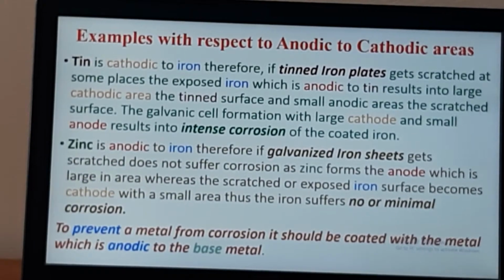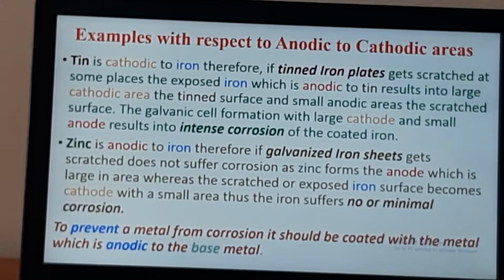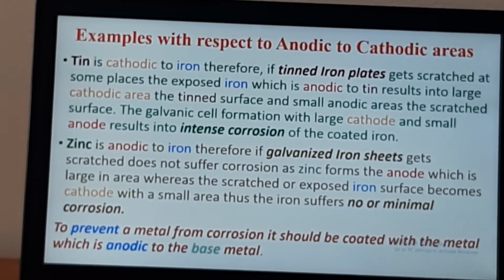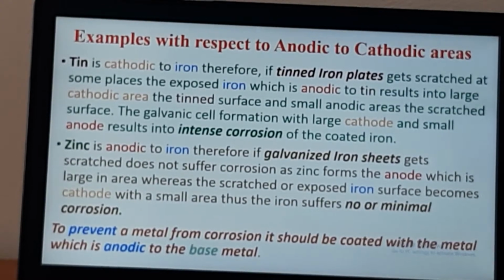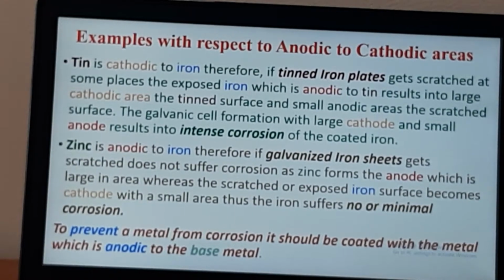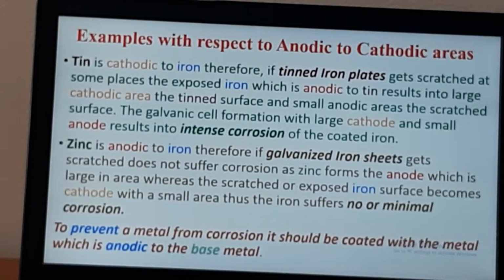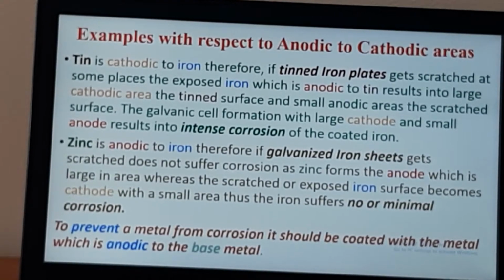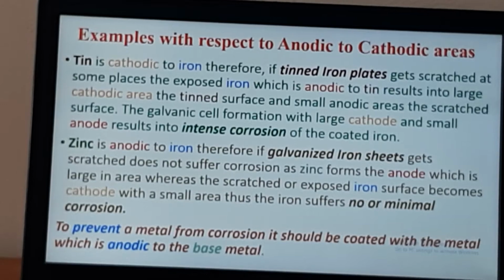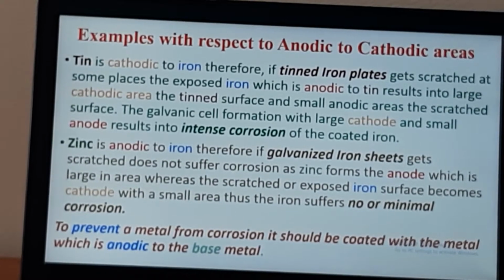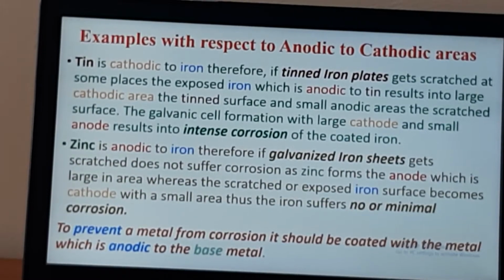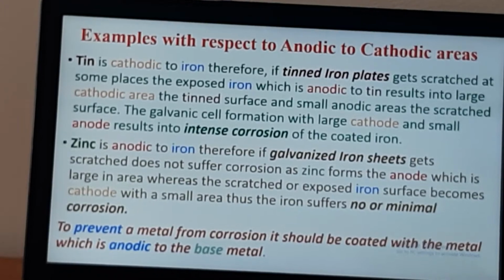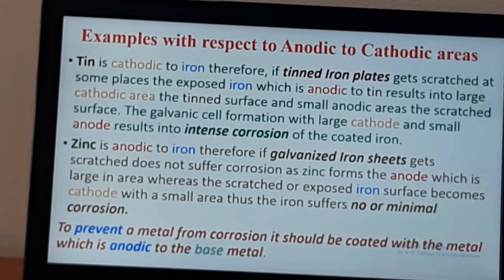If iron is coated with tin and a scratch is formed on such a plate, then the exposed iron, which is anodic to the tin, forms the anode and the large tin surface forms the cathode. So the small anode starts dissolving very fast, turning a scratch into a large hole.